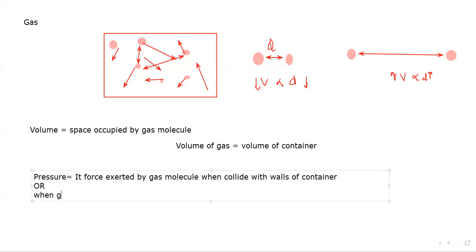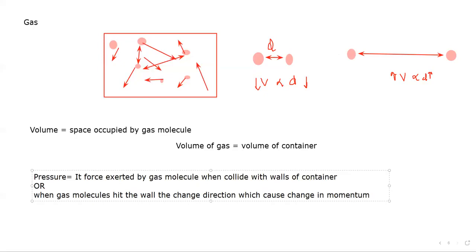When gas molecules hit the wall, they change direction, which causes a change in momentum. Because if the direction changes, even though the speed is the same, the velocity changes.